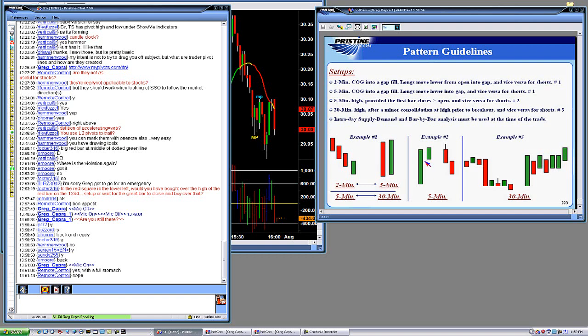Example number 2, and we're going to take a look at how these intraday charts set up. With example number 2, with the green bar, that's closing above its opening price, this is what we're going to use when we see that professional type of gap up.